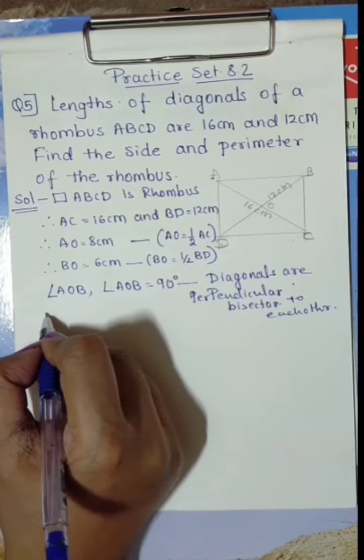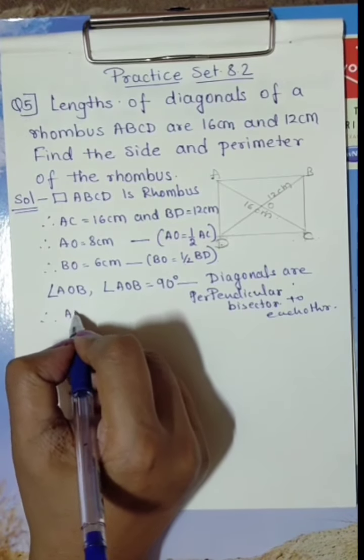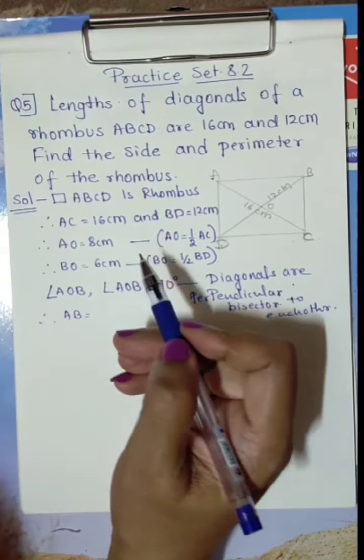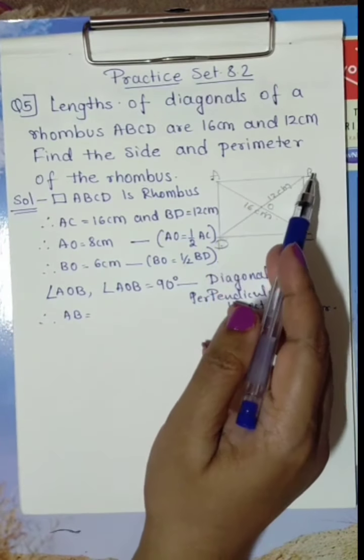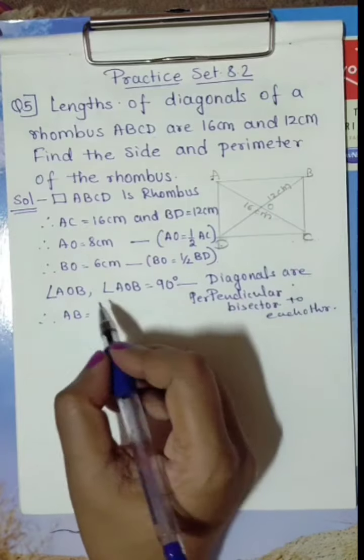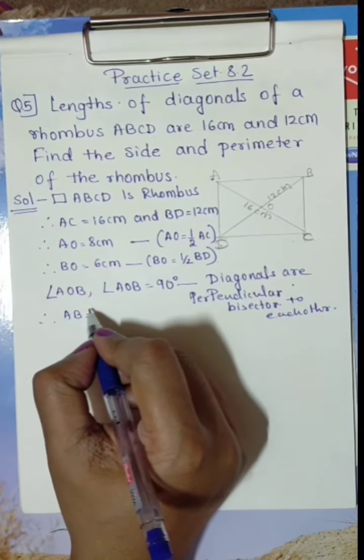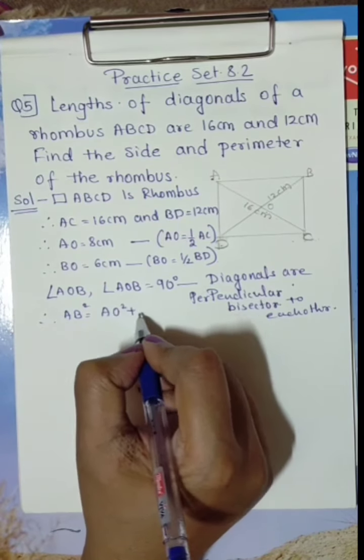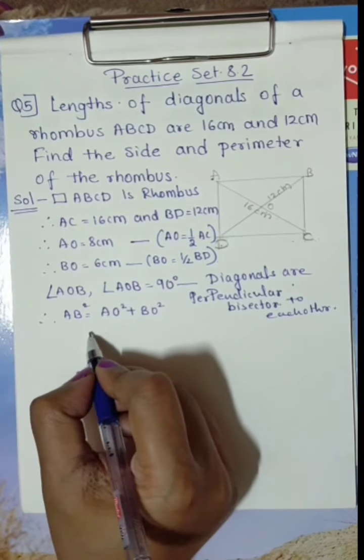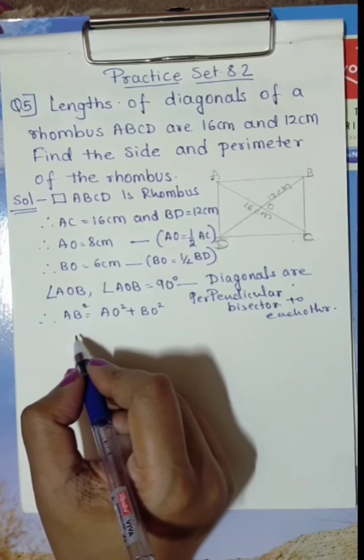Now here, therefore, AB we have to find. So AB square is equal to AO square plus BO square. I hope you are understanding.